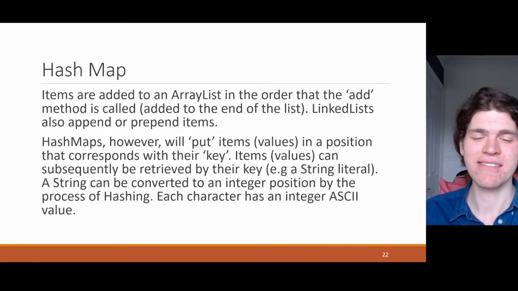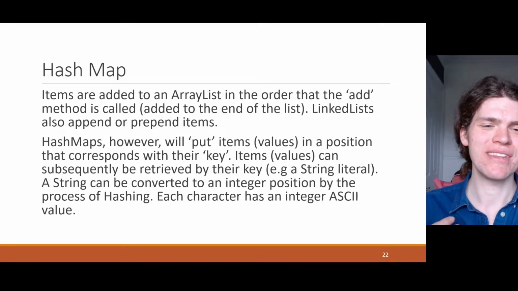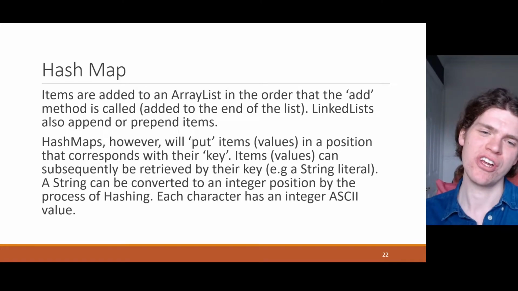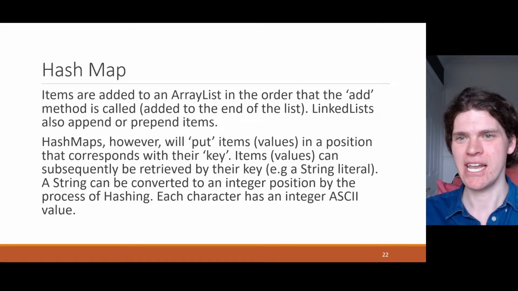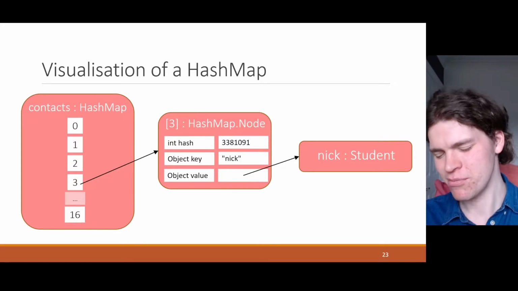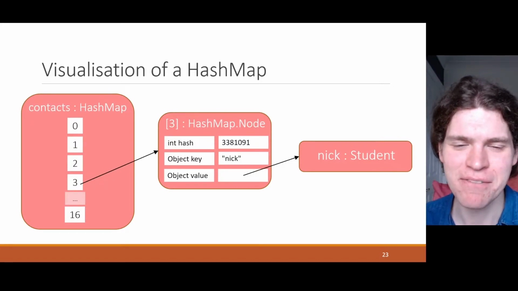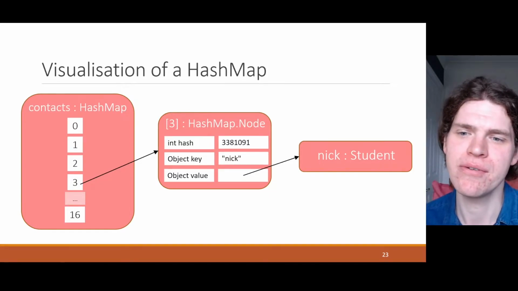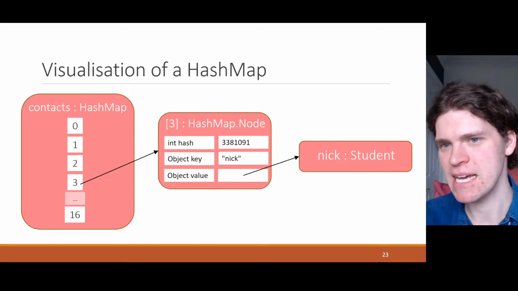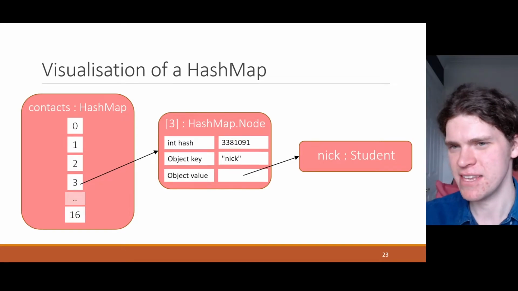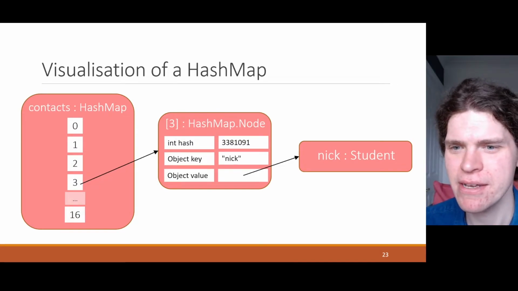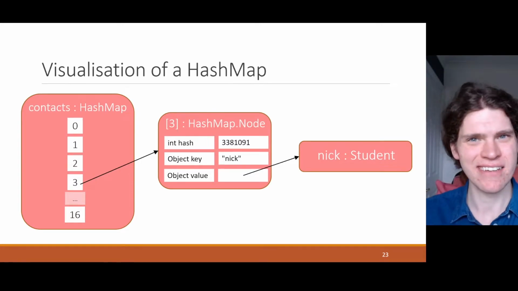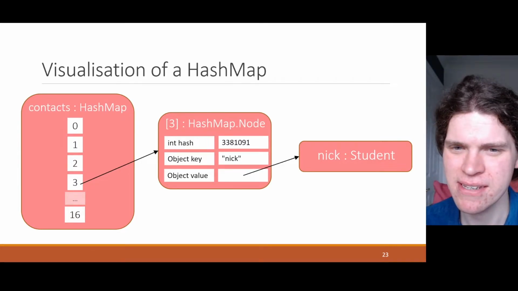And to do that, we have to refer to the ASCII values of each character. Now, we're going to come on and have a look at that, but here is a visualization of this. So hash map furthest left, that's the instance of that, and I think the default size is 16 elements allocated. Again, it can expand and contract as necessary.